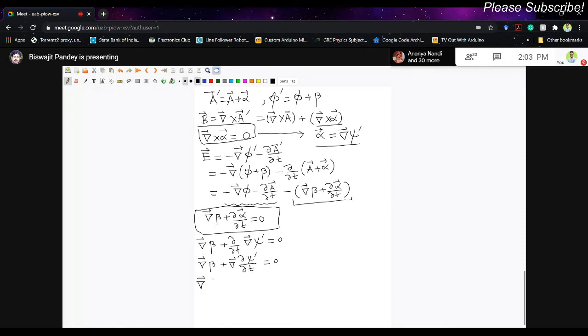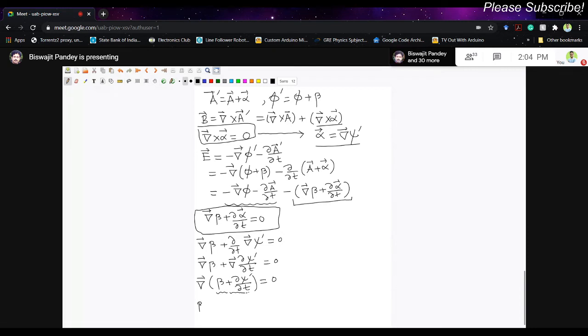I can interchange the operators. That means grad operating on this scalar quantity beta plus the time derivative of the gauge potential, del psi prime del t, equal to 0. What it is saying is that the spatial gradient, not the time, of beta plus del psi prime del t is equal to 0. That means this is a constant, not in time, sorry, in space.